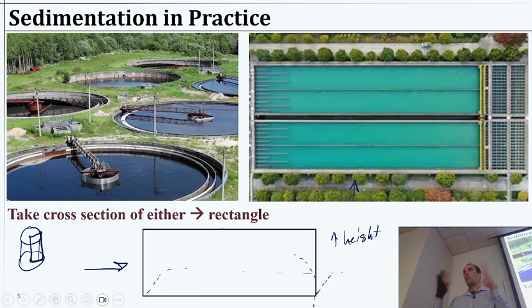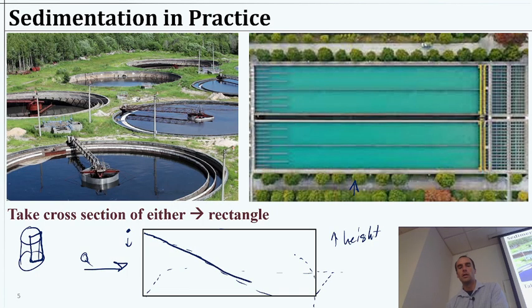In either case, what I'm showing is that we're taking that cross section, going up is the height that the particle has to fall, and then what we'll be looking at is a given particle and its trajectory downwards as the flow rate is going through to the side. The particle will then travel like that, well, in a straight line, right? So the particle will make some journey to the bottom, and when it hits the bottom, it's going to get stuck, and we will have settled it.